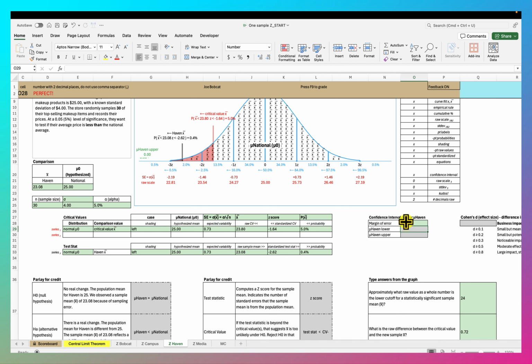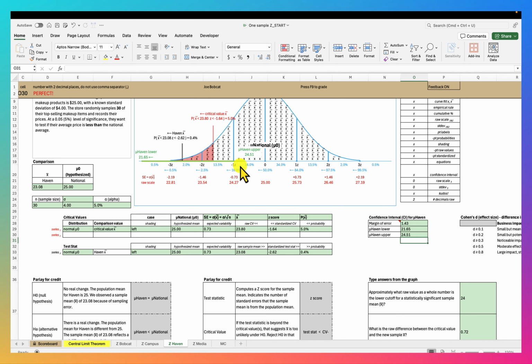And now that is the distance that you go either side of your sample mean. So we take the sample mean, which is this one. We could also have taken it from here, minus the margin of error for the lower bound. And then we take the sample mean plus the margin of error for the upper bound.